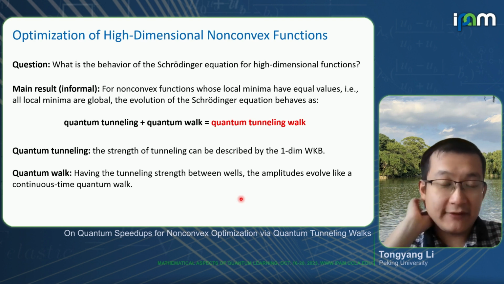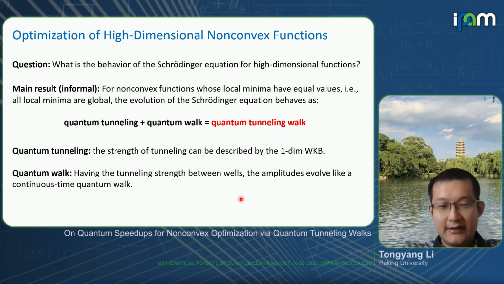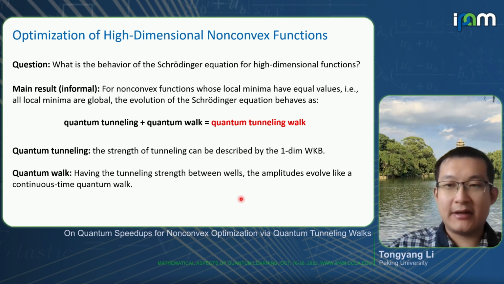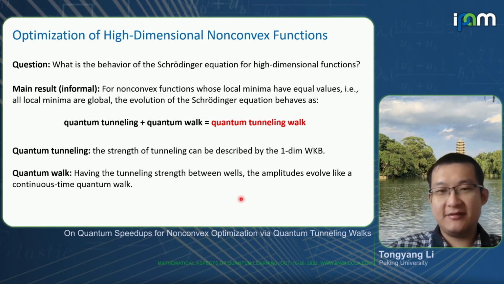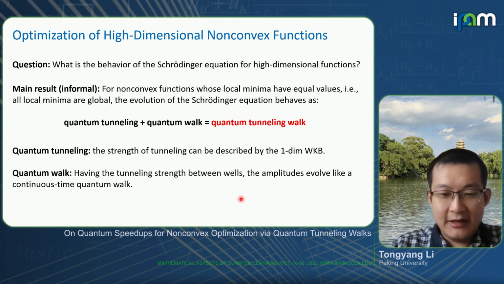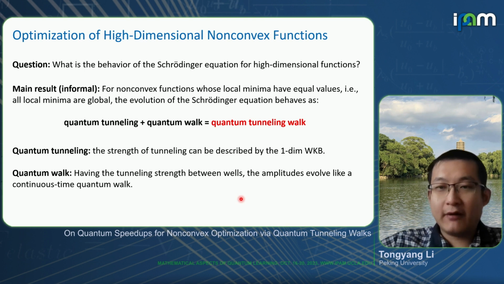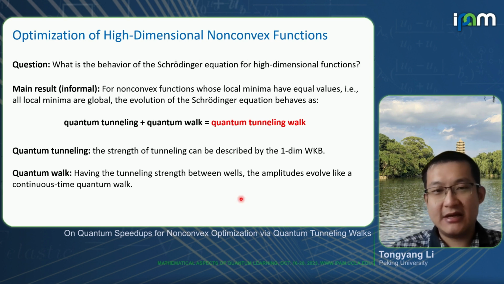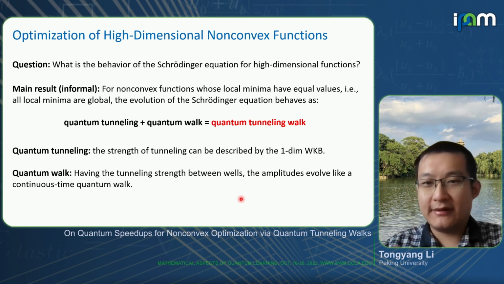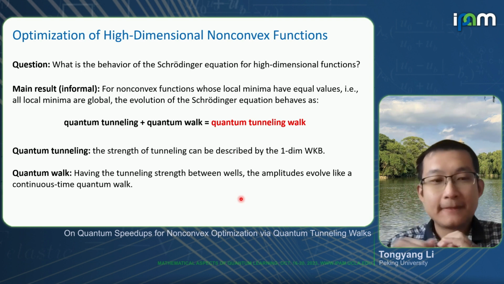But on the other hand, you have a lot of local minima in general, and the overall dynamics between the local minima has the behavior of a quantum walk. So the pairwise strength between two local minima is due to tunneling, and to understand the overall behavior of the dynamics among different local minima, it has a quantum walk kind of behavior, and that is the reason why we coin this term quantum tunneling walk.